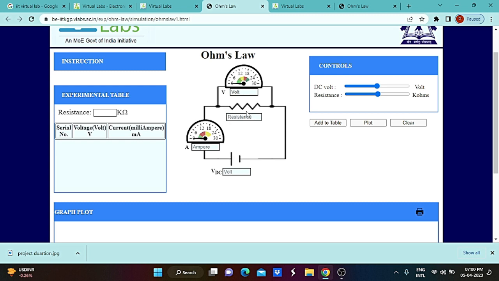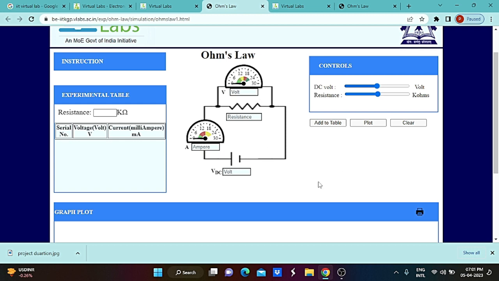Here the resistor is connected in parallel with the voltmeter, and the ammeter is connected to the positive terminal of the power supply. Next, the negative terminal of the power supply is connected to the other terminal of the resistance. This is the normal connection between voltage and current.